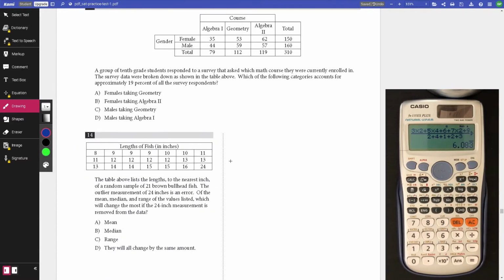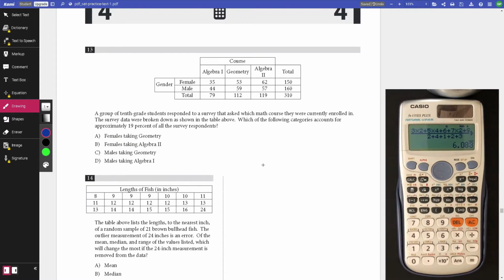Number 13. They gave us this chart. Which of the following categories account for approximately 19% of all respondents? So we're looking at all survey respondents, so that refers to this number, and then we need to find out what exactly is 19%.